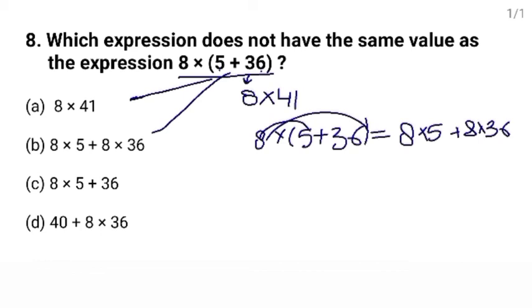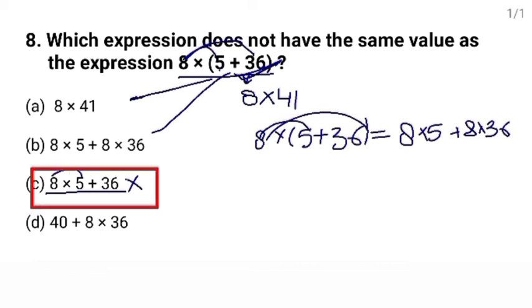Now if we look at the third part, C part, they have multiplied 8 with the 5, but they haven't multiplied 8 with the 36. So this is incorrect. It means this does not show the same value as the expression 8 multiply 5 plus 36. Let's check the last option also.